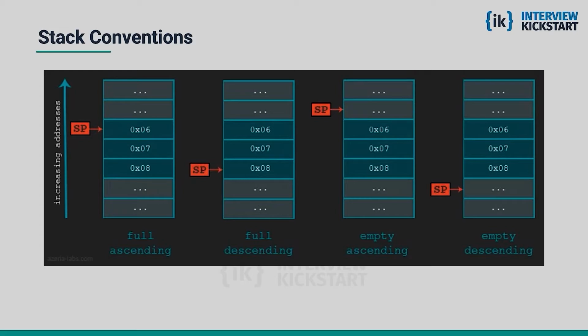So we have four combinations. The ARM Cortex-M architecture implements a full descending stack via its stack pointer and the push and pop operations, meaning the stack pointer grows downwards and it always points to the last pushed element.